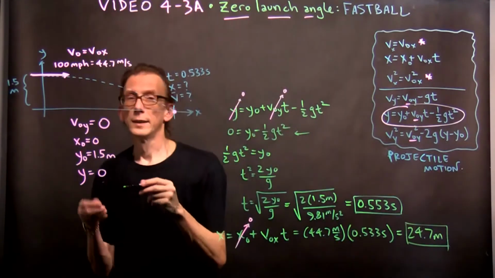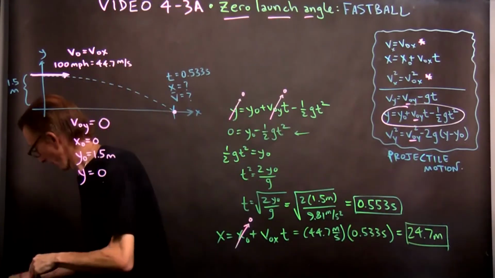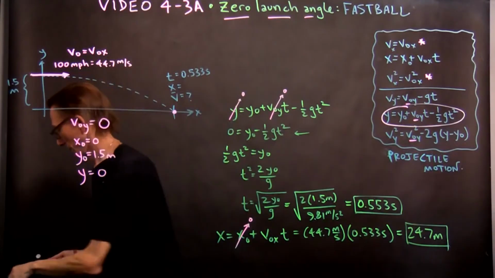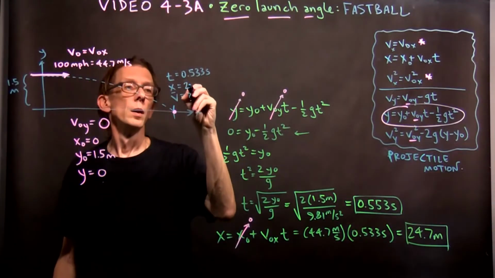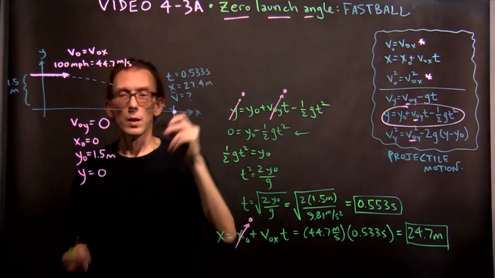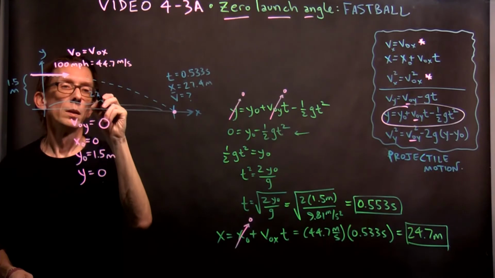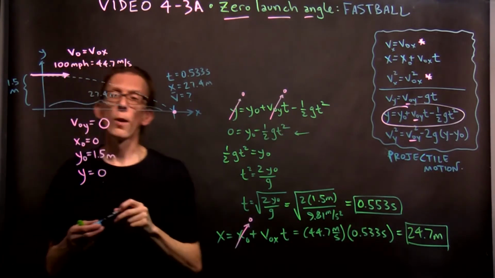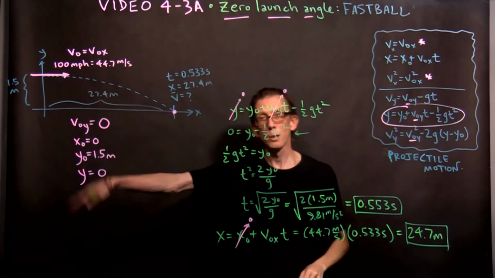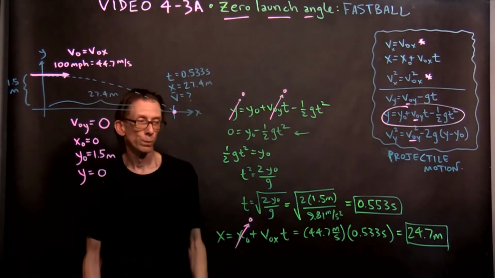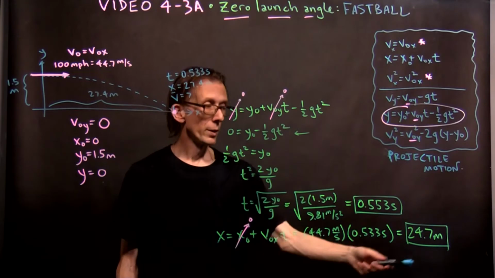So that is this distance, right? That's how far the ball travels horizontally before it hits the ground. Okay? 24.7 meters.